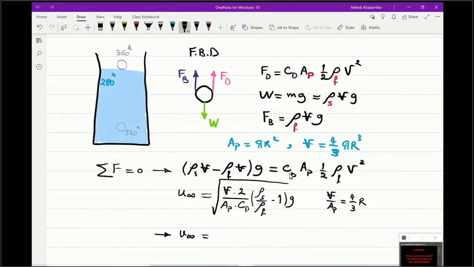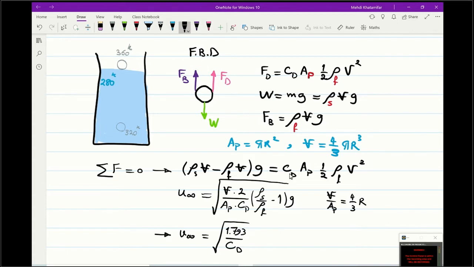We know the density of the solid, it's given. For the density of the fluid, you need to find the density of the fluid at T infinity. T infinity is 280. And the rest is done. If you put in all the numbers, the final is going to be 1.793 divided by drag coefficient.